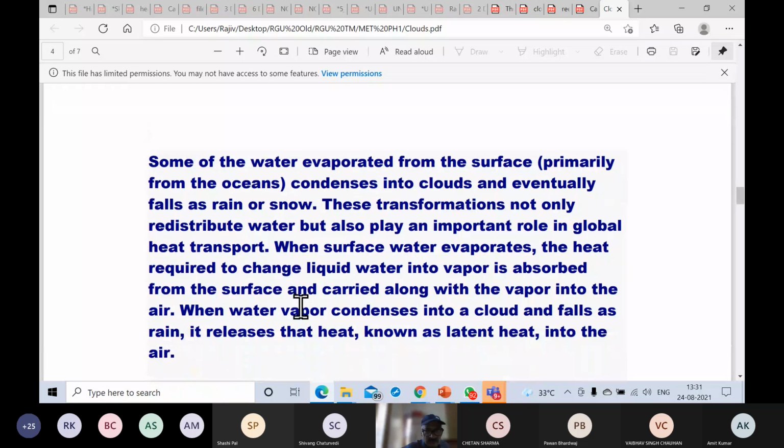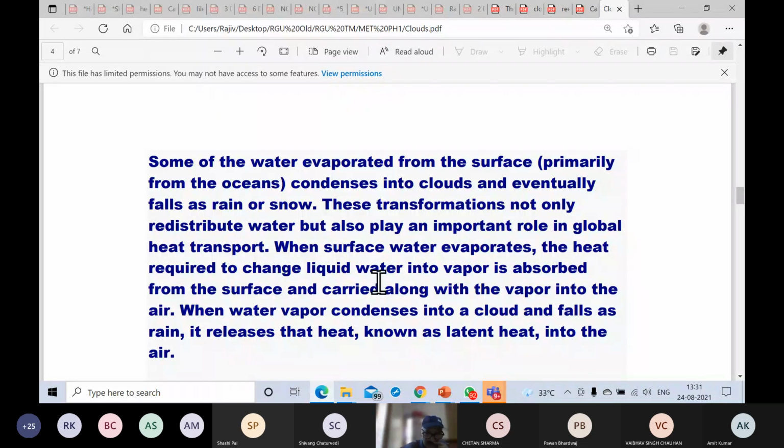For this, you will need to remember that the whole thing is formed because of surface water evaporation. The heat required to change liquid into water vapor is absorbed from the surface, and this is carried along with the vapor into the air. When this water vapor condenses into a cloud, it falls as rain.